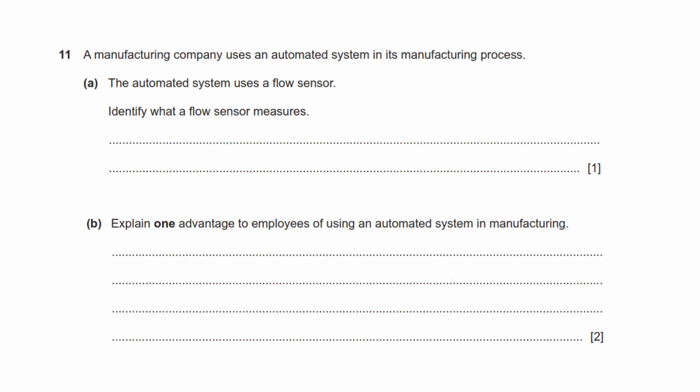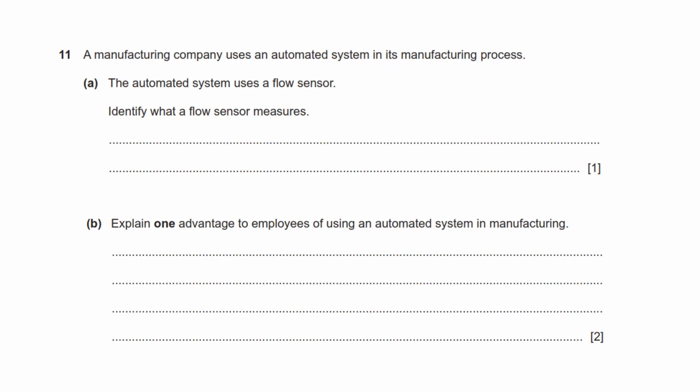Moving ahead, question number 11, it says a manufacturing company uses an automated system in its manufacturing process. The automated system uses a flow sensor. Identify what a flow sensor measures.